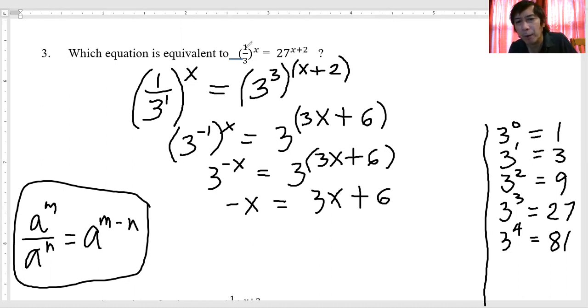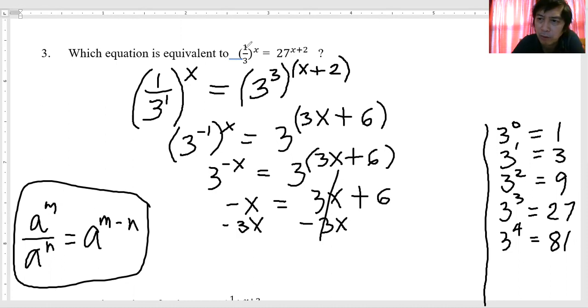So we shall isolate the x now. We will subtract the 3x from both sides, like this. And we shall get 0 here. All right, and we have negative 1x minus 3x. That will add up to negative 4x. And the right side is just 6. Next step is to divide by the number beside the variable x. So our divisor is the negative 4.